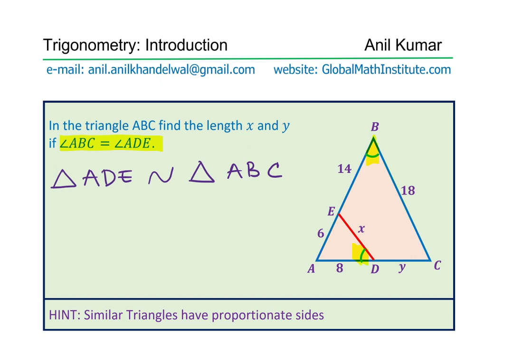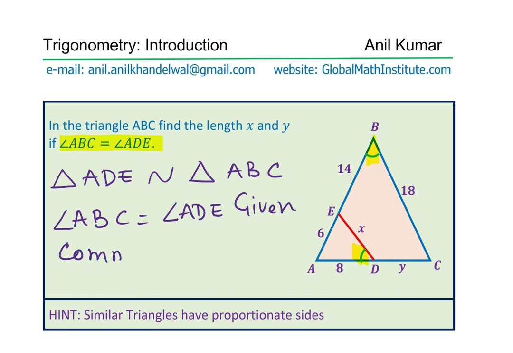Since we know that the angle ABC is equal to angle ADE, that is given to us, right? And we have a common angle, which is angle A. You can write this as EAC. So that is the common angle. So the two triangles are similar based on the property of angles, correct? So that is how you can show that the two triangles are similar.